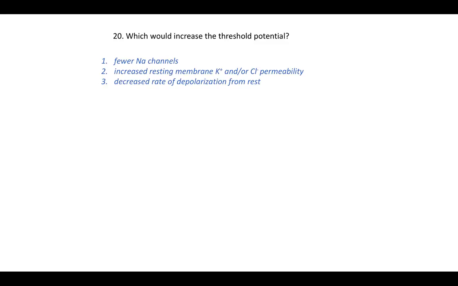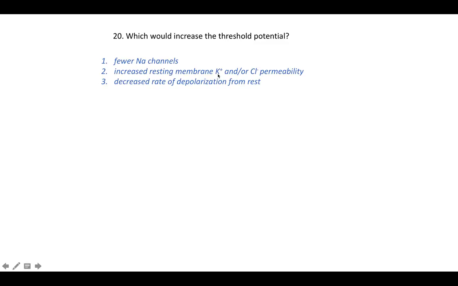Which of these would increase the threshold potential? So this would obviously, if it were a multiple choice question, have a bunch of things that might do something to the threshold, but only one that would increase it. In this case, the things that increase the threshold potential that you should be aware of: fewer sodium channels make the threshold potential go up, that is farther away from the resting potential, so it's harder to make an action potential fire.